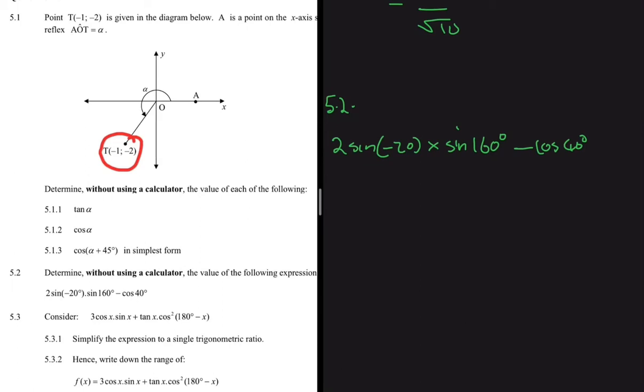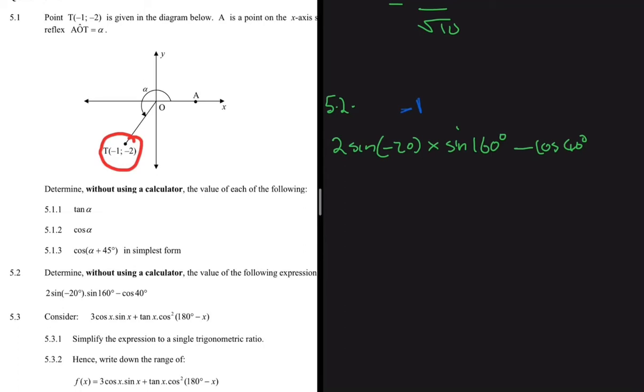So as soon as it says without using a calculator, I'm going to use a calculator first, and then I'm going to get the answer. After I get that answer, I will basically be proving that that answer is true, right? So when I put this on my calculator, I'm getting minus 1. So however I solve this equation, I must get minus 1. If I don't get minus 1, there's something wrong I'm doing.